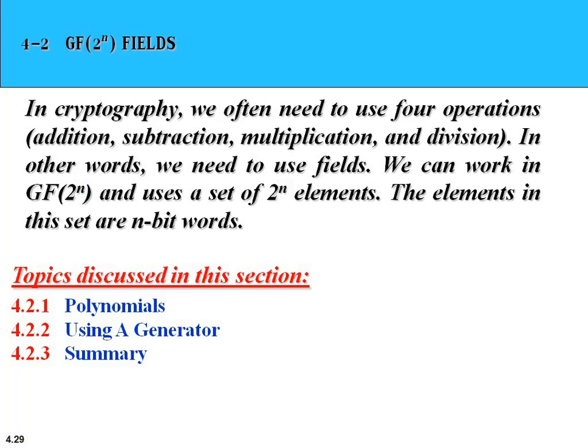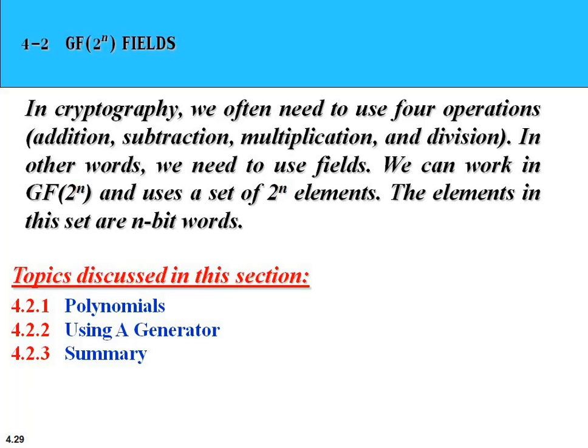So next, a very important type of finite field is GF 2 to the power n. In cryptography we often need to use four operations, that is addition, subtraction, multiplication and division. So in other words, we have to use fields whenever we talk about these four operations.